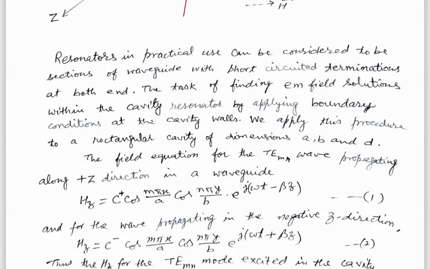A resonator in practical use can be considered a section of a waveguide with short-circuited terminations at both ends. The task is finding the EM field solutions within the cavity resonator by applying boundary conditions at the cavity walls.